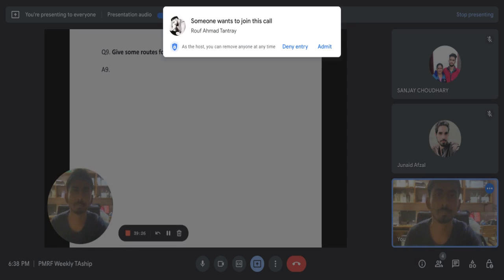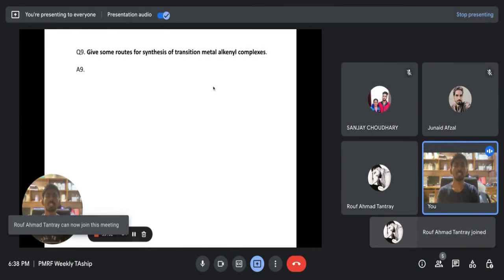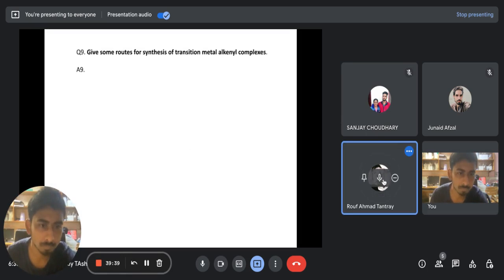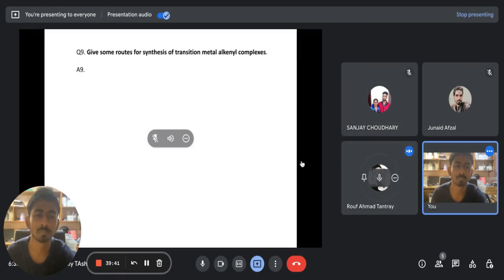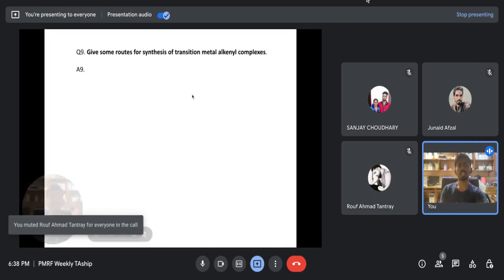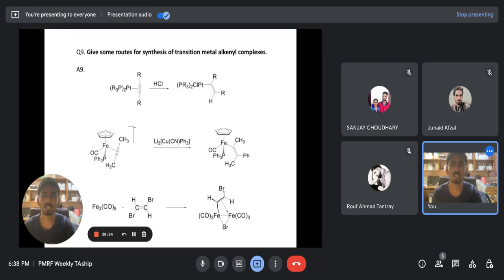Here I will discuss several examples of transition metal alkynyl complexes. These are the three examples I have picked up, where you can have an idea about how these transition metal alkynyl complexes are prepared.